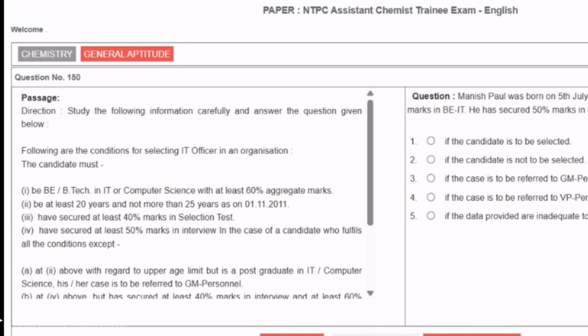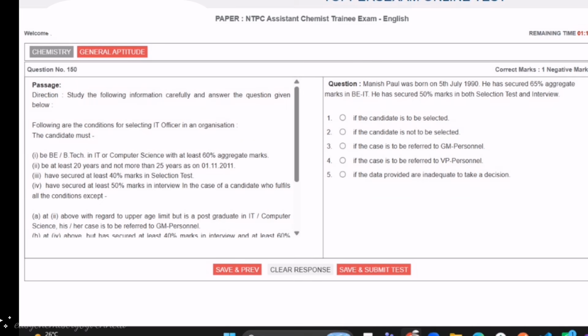The next question is, study the following information carefully and answer the question given below. Following are the conditions for selecting an IT officer in an organization. The candidate must: first, be BE or BTech in IT or computer science with at least 60% aggregate marks; second, be at least 20 years and not more than 25 years on the given date; have secured at least 40% marks in the selection test; have secured at least 50% marks in the interview.